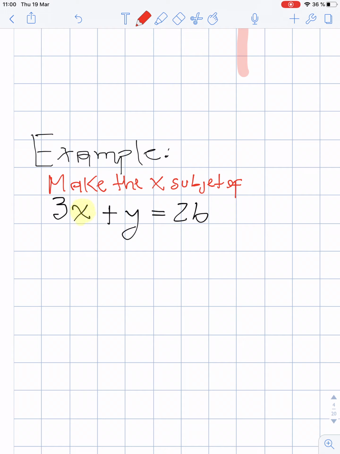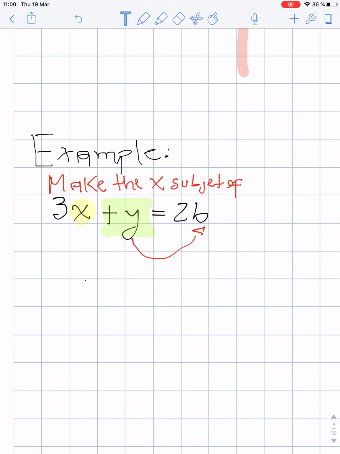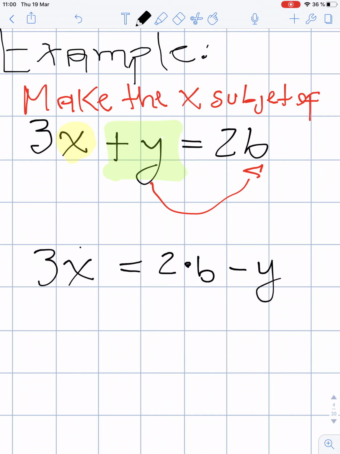Now, by finding the x, first, as I told you in a previous lesson in the school, when you have an addition, I'm going to point out the addition. If you have this addition, you need to pass first the addition to the other side. That means, so far we have 3x equal 2 times b minus y, because we pass the plus y to b minus y to the other side. Okay?